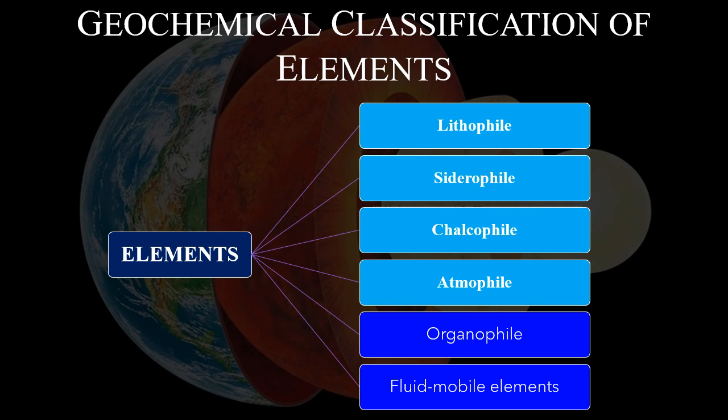So now we will learn the geochemical classification of elements. Elements are often categorized based on their general geochemical behavior, even though an element's chemical behavior depends strongly on variables such as temperature, pressure, and chemical environment, the latter of which can be dictated by an element's valence state and ability to form complexes.